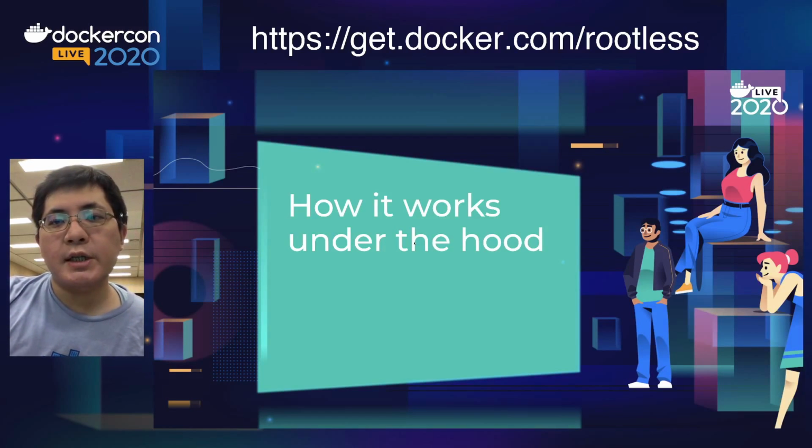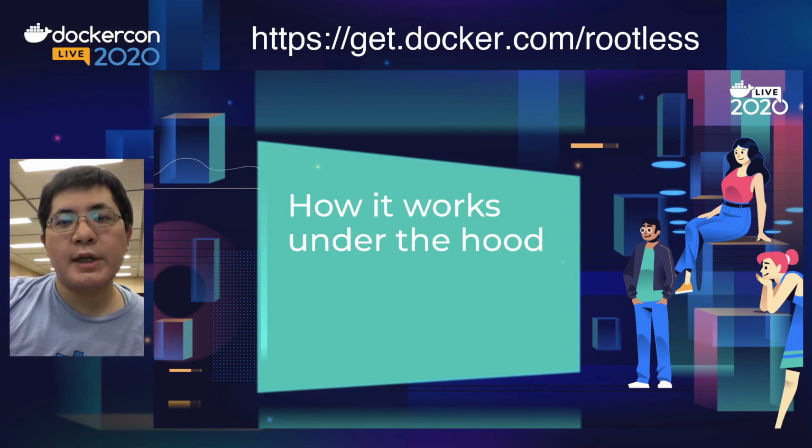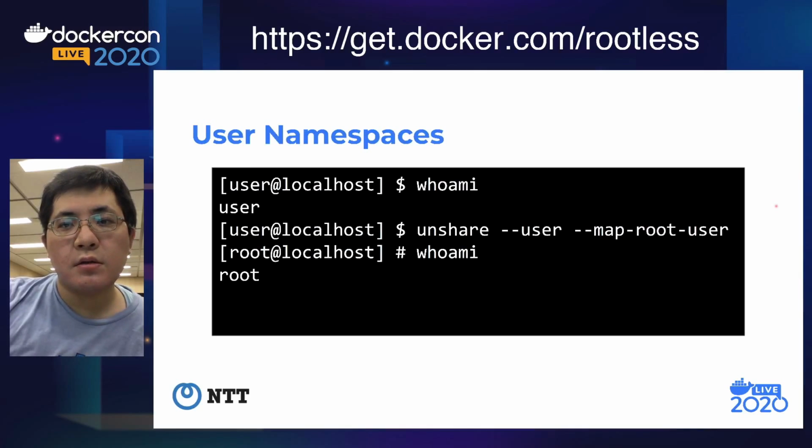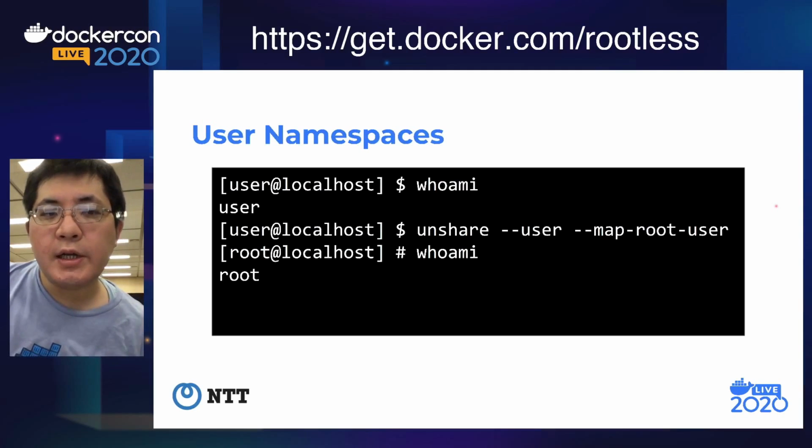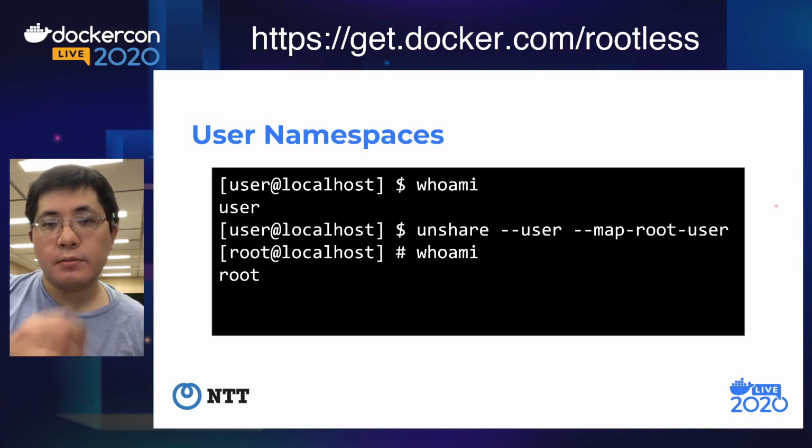The next topic is how rootless mode works under the hood. The rootless mode is implemented by using user namespaces. Here is a terminal that shows an example of using user namespaces. In this session, the username is user, not root.